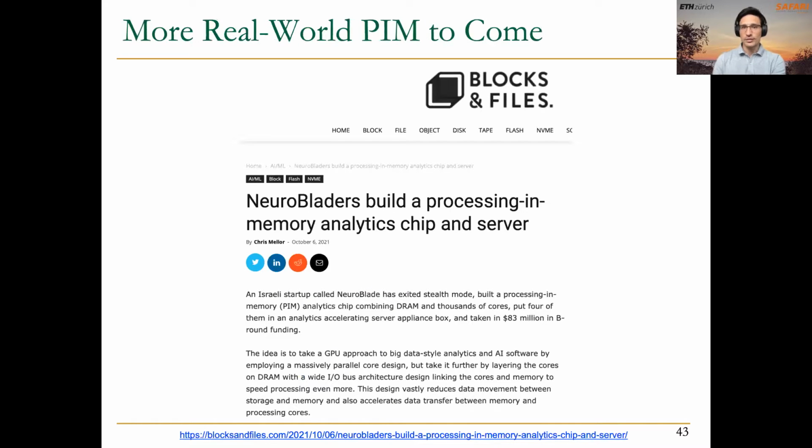A different one that we cannot cover in detail is NeuroBlade, which is fabricated and commercialized by an Israeli startup. This startup is fabricating chips that combine DRAM and thousands of cores.